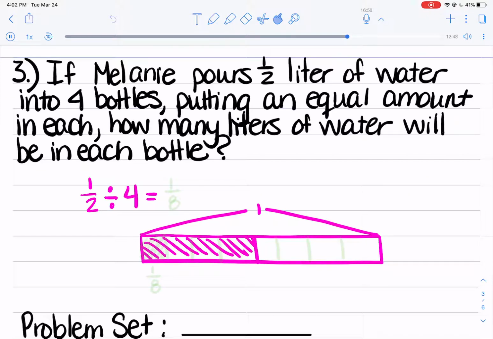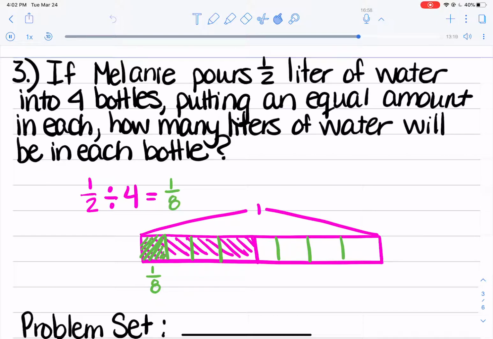And this 1/2 needs to be divided into 4 parts. We're also going to divide this one into 4 parts as well. So we just want to know how many each one of these 4 bottles is going to get. So each bottle is going to get 1/8 of the 1/2 liter. So the answer is 1/8.